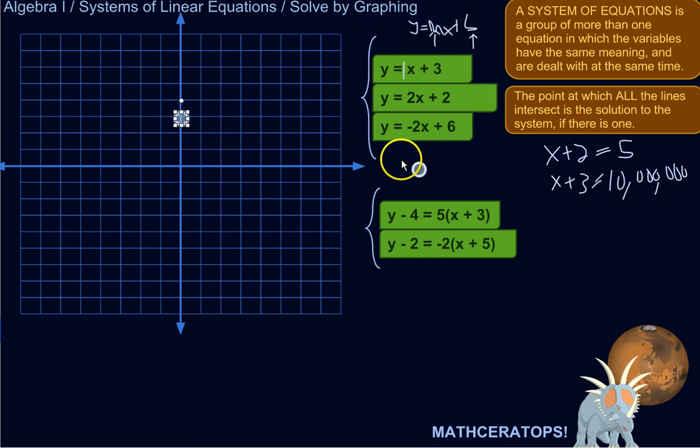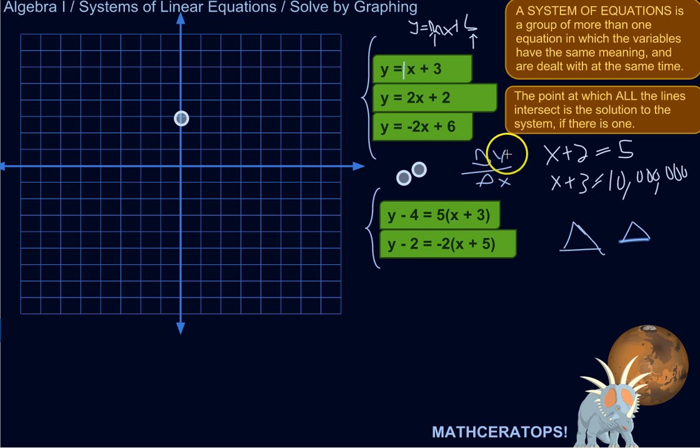I'm going to use the slope of 1 to figure out another point on the line. The slope is the change in y over change in x. The symbol is a delta.